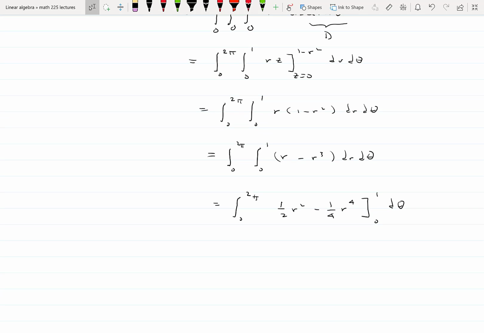So it's really just 1/2 minus 1/4, which is 1/4. Then d theta from 0 to 2 pi gives 1/4 of 2 pi, which is pi over 2, the same as what we got by directly evaluating the flux integral.